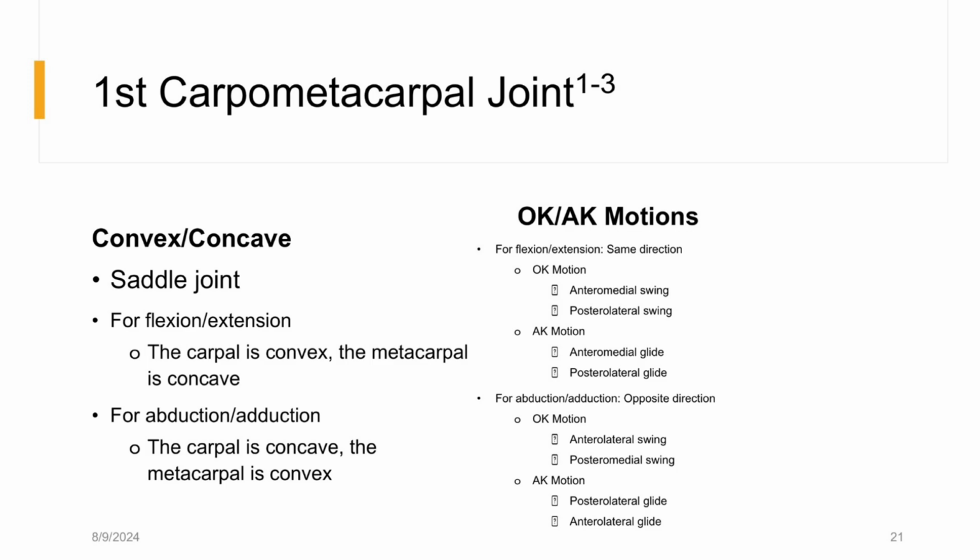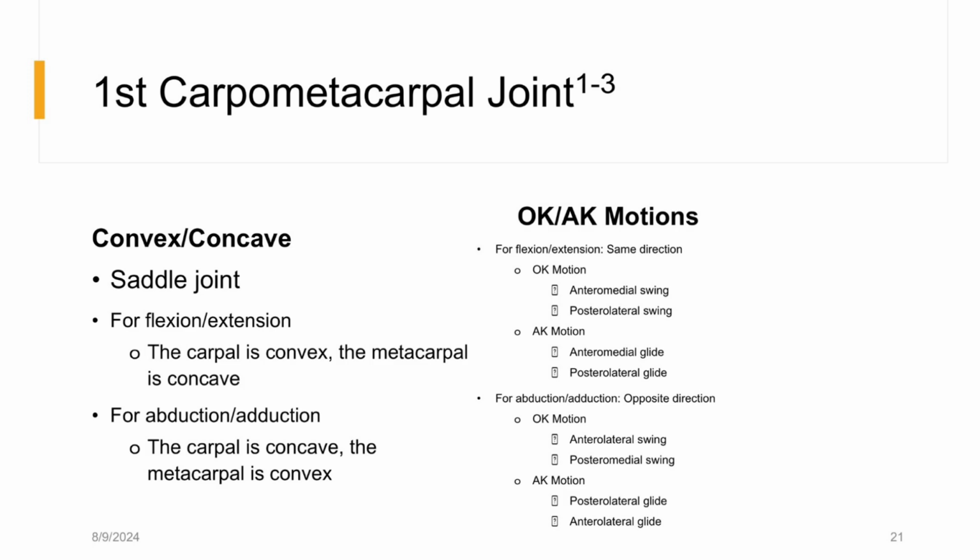I'm going to repeat that one more time because it's very important. I'm going to go back to flexion and extension. So in regards to the carpal metacarpal joint, often referred to as the CMC joint, which is a saddle joint complex, for flexion and extension, the concave portion of the first metacarpal is going to be moving on the convex portion of the trapezium.